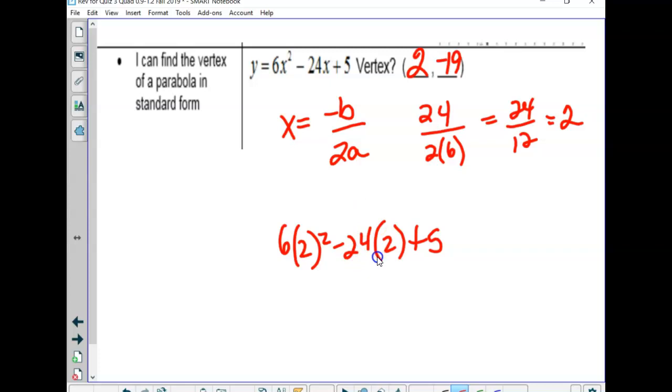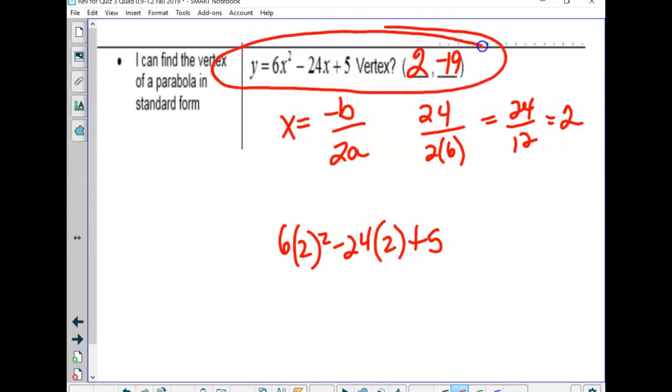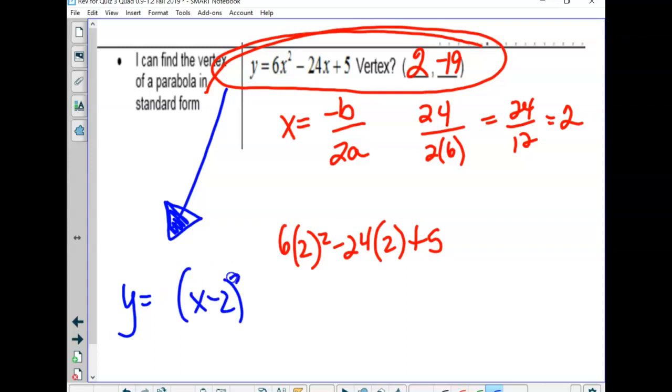Anybody already do the review? Is that right? Okay. Help me write this in vertex form then. How do you write that in vertex form? Y equals, this is on the quiz, x minus 2 squared and a minus 19. Is that it? It's not, Haley. There's a stretch.